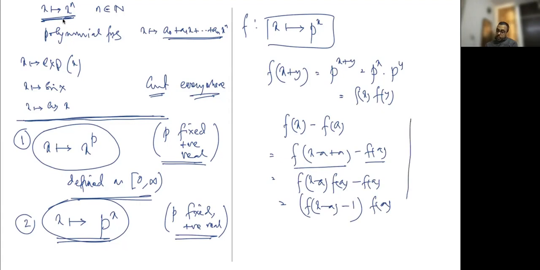So basically, if you use this, then when you're trying to show continuity at a point A, you can reduce it to, so continuity at A can be reduced to statement about continuity at 0.